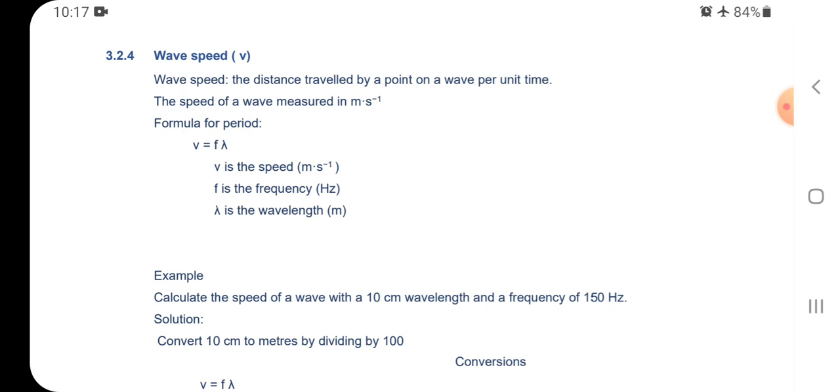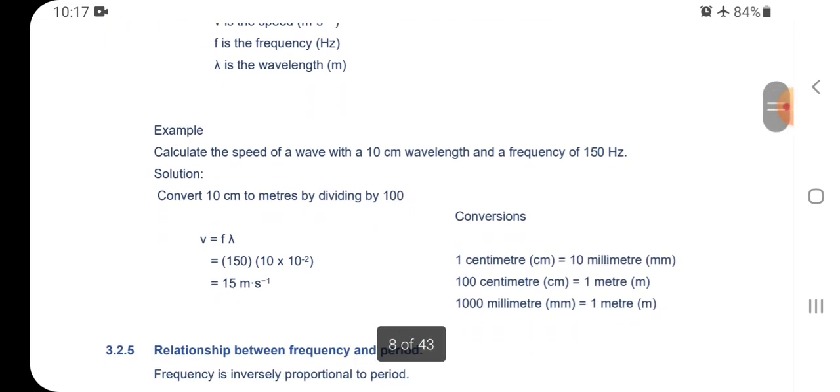that is the wavelength. So here you are given an example. Calculate the speed of a wave with a wavelength of 10 centimeters. Wave speed should be in meters per second, so you need to convert. With the frequency of 150 hertz, now this is the solution.